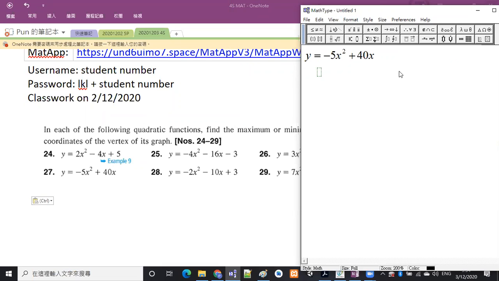Okay, so you just need to get used to this method of completing square. So the A is equal to -5, so we just take out the -5 and then write down the remaining factor. Okay, for the first two terms, so there is no constant term for this function, and that is good.